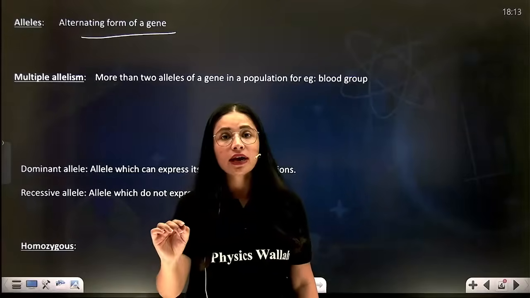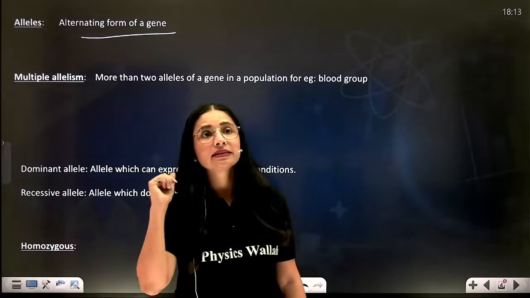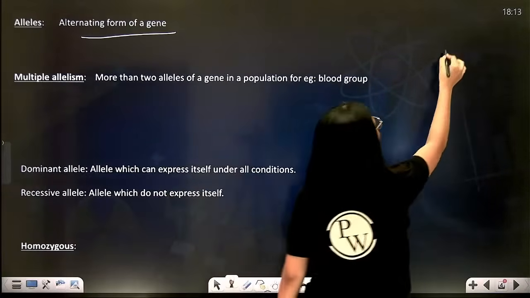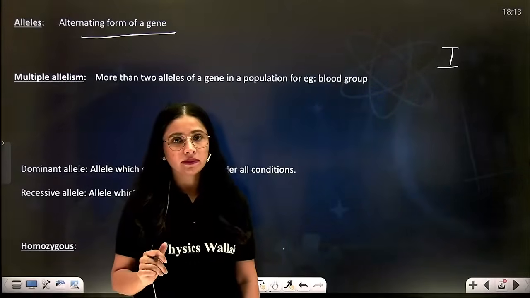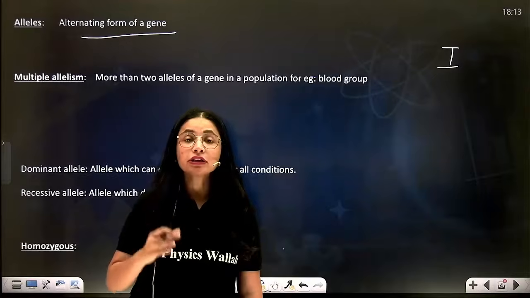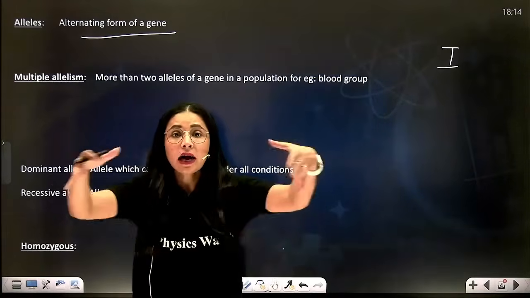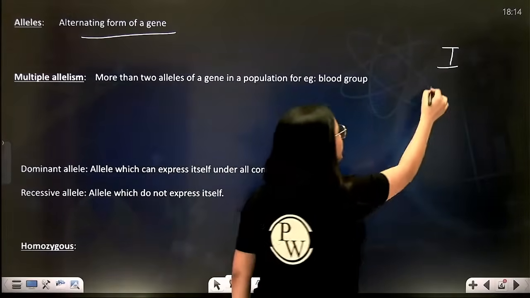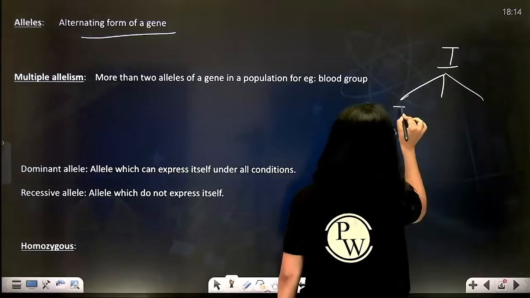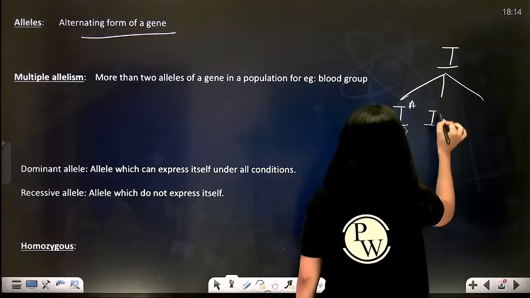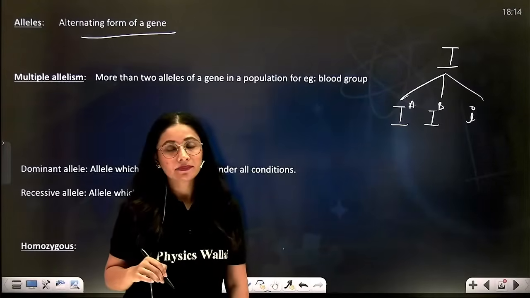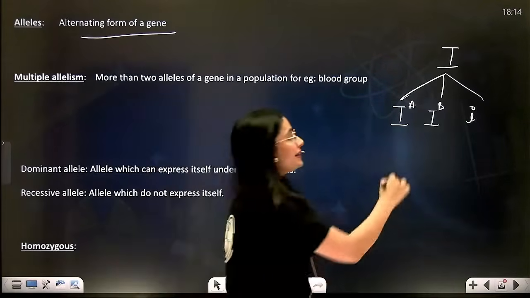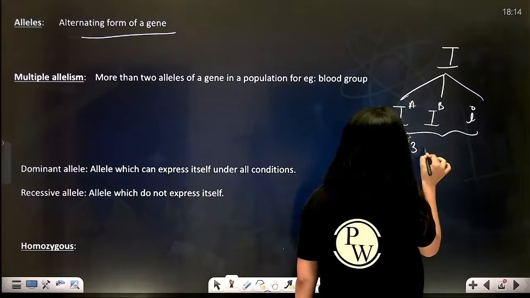This is known as multiple allelism. Now, what happens in blood group? Blood group is controlled by the I gene, which has 3 different alleles in a population. The 3 different alleles of the I gene are IA, IB and recessive i.